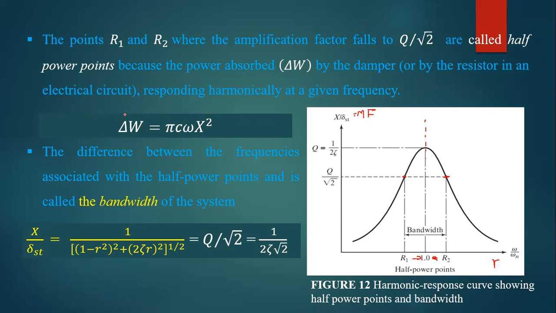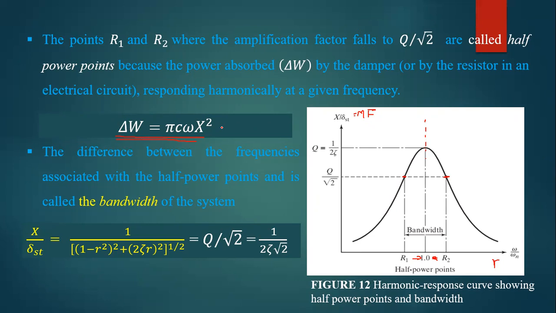Someone can see this by going back to lecture 2 or 3. So these things are already derived. So power absorbed or work done is equal to pi c omega x squared.